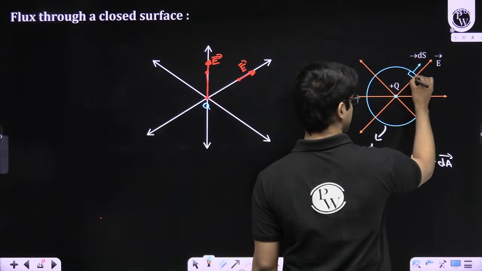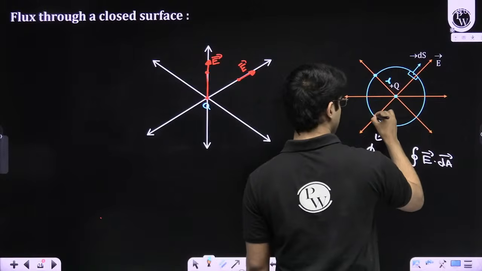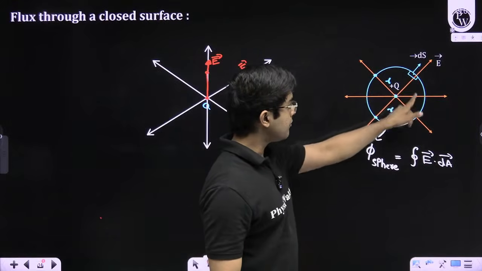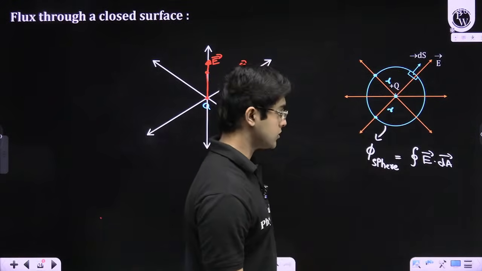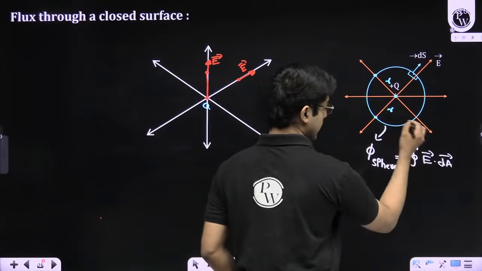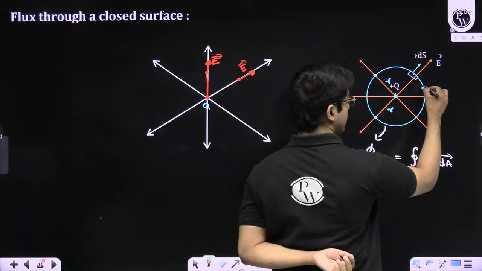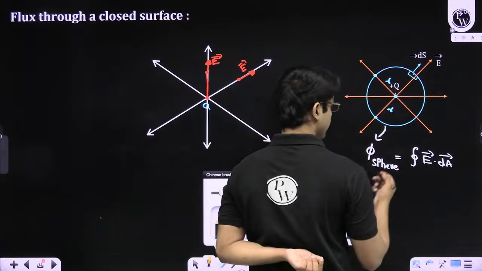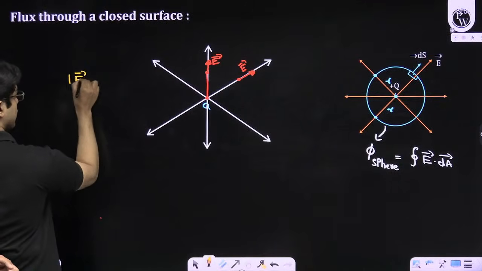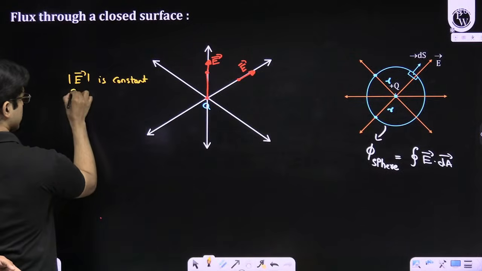We have a plus Q charge here, and the distance of this point from the plus Q charge is R. The distance of this point from the plus Q charge is also R. So on this sphere, anywhere you choose a point, the distance from the plus Q charge will be R. Because the distance from the plus Q charge is constant, the electric field magnitude is constant everywhere on the sphere.